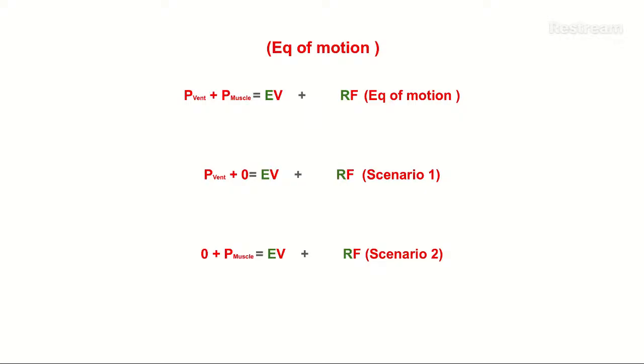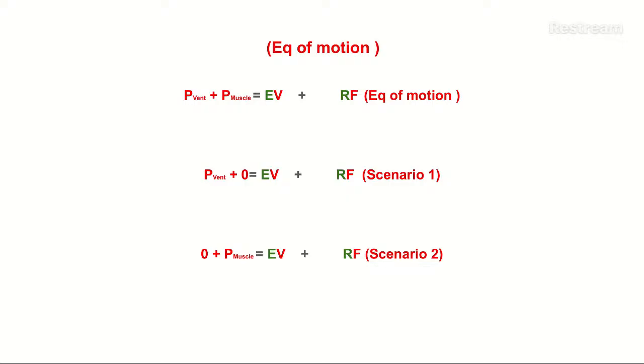The other scenario would be when there is no ventilator. The patient is not put on a ventilator, then the respiratory muscles of the same patient have to do some work to counter the resistance and elastance in the lung completely.